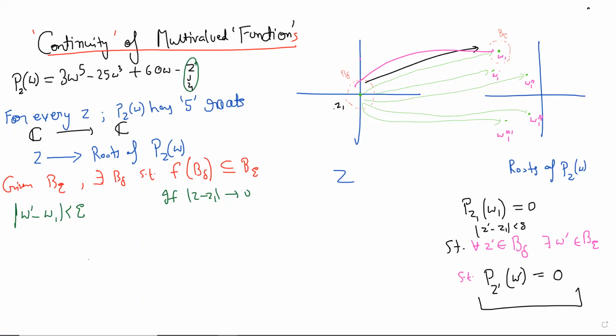You want to fix a delta or epsilon. No. For any epsilon. See, you first of all see the epsilon will be given to you, right? So let's see then.